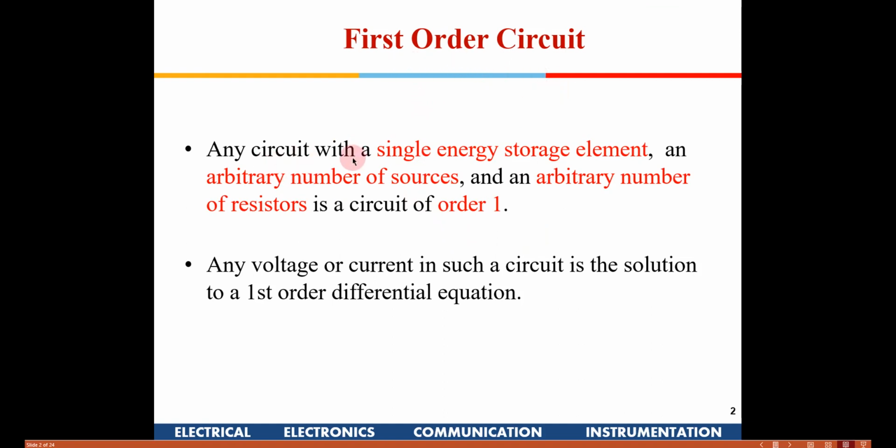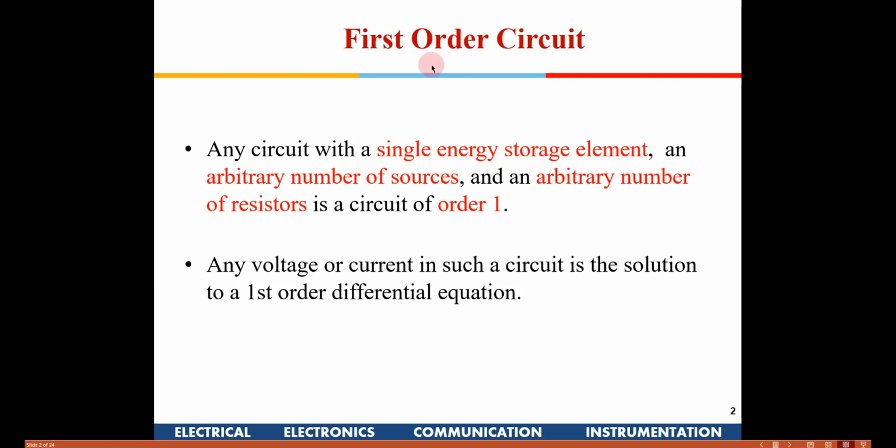Any circuit with a single energy storage element, an arbitrary number of sources and an arbitrary number of resistors is a circuit of order 1. That means there could be any number of voltage sources, current sources, dependent voltage sources, dependent current sources, but there has to be only one energy storage element.